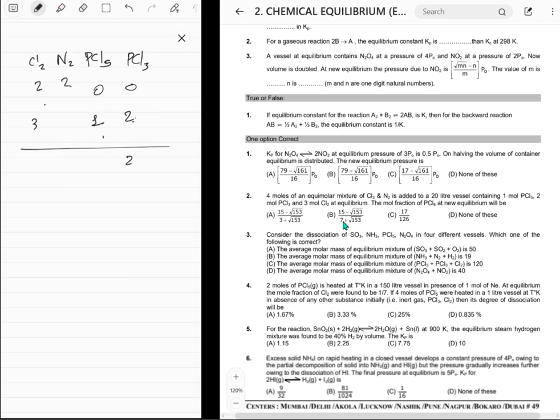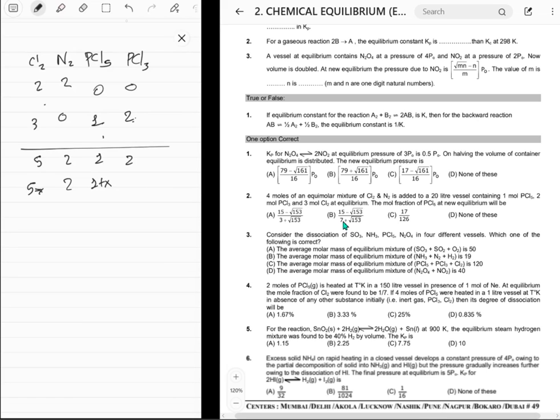So 2, 1, 2, 5. That's what this is at this instant. Okay, and then more Cl2 is added. That means, and constant volume, right? So this N2 doesn't do anything. So that means it's like 5 minus x, 2, 1 plus x.